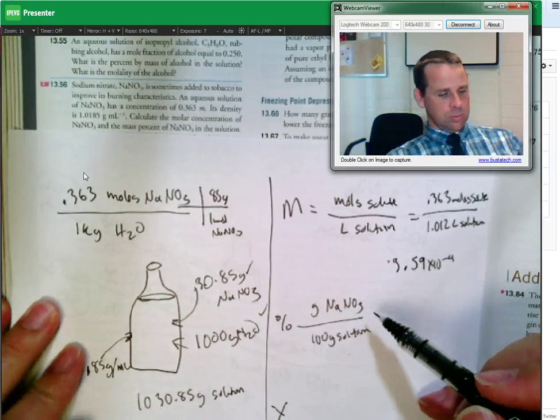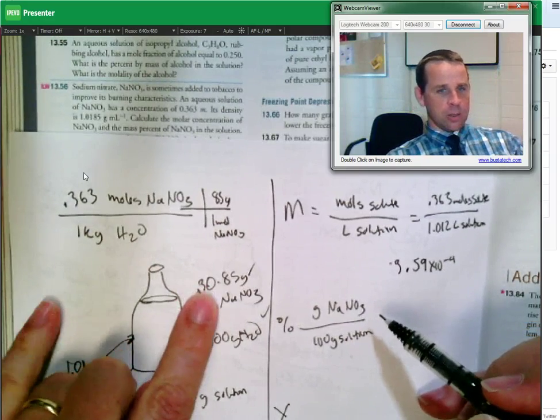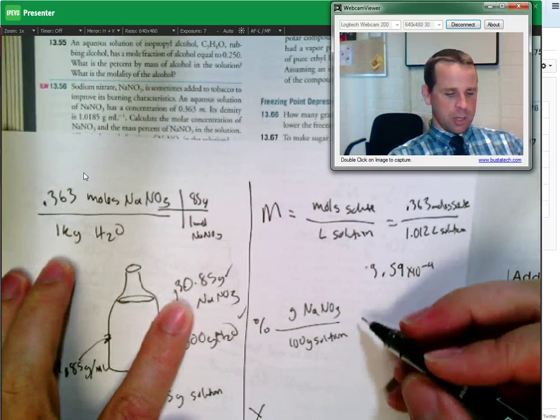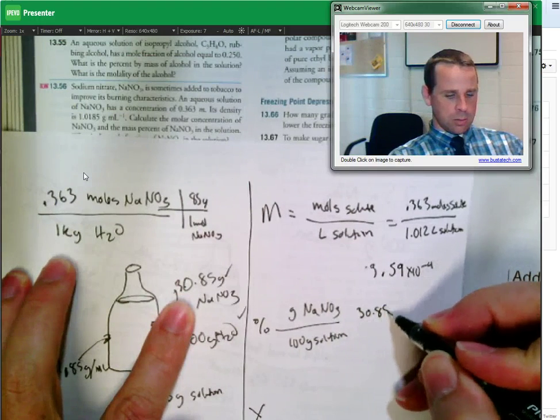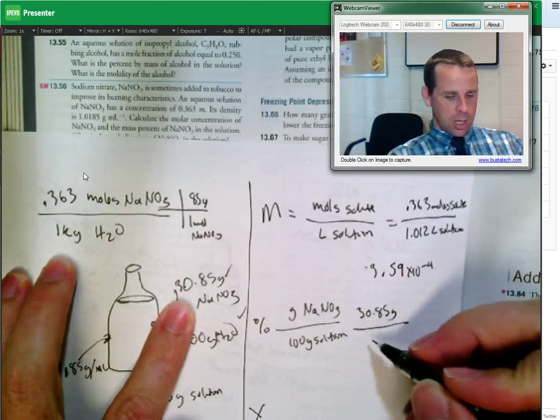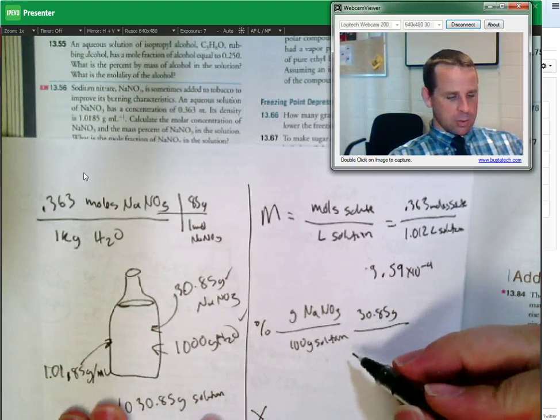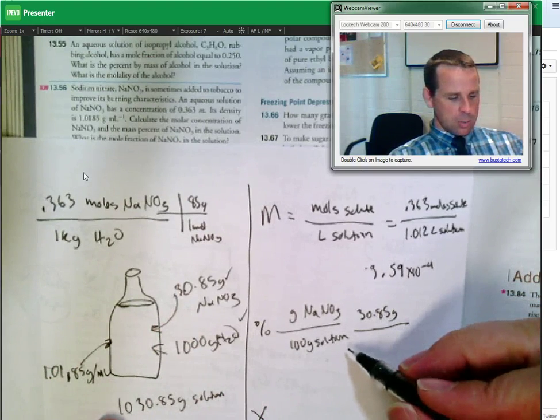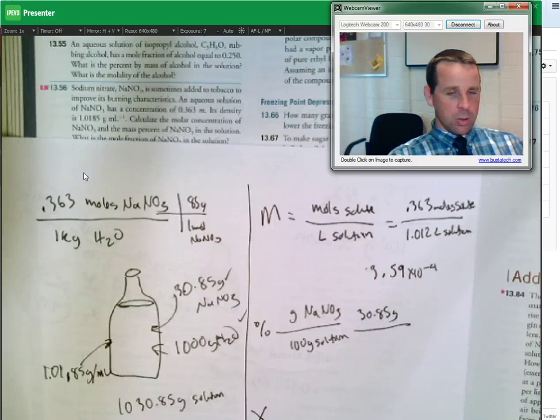So I identified earlier that we had 30.85 grams of sodium nitrate. And I can divide that by grams of solution. I found that there was 1,030.85 grams of solution here.